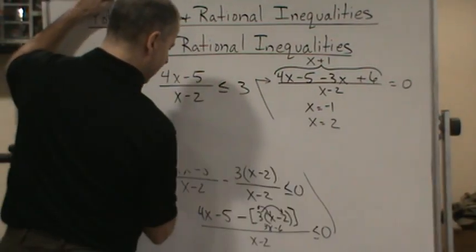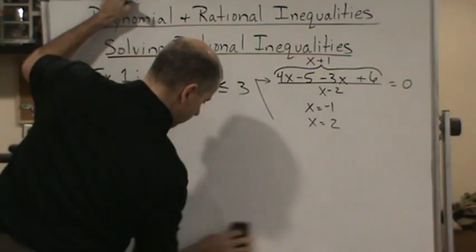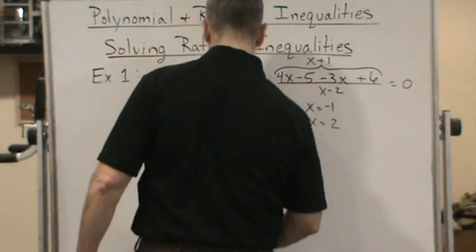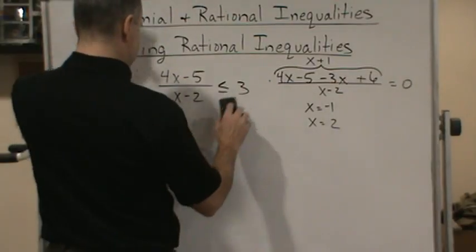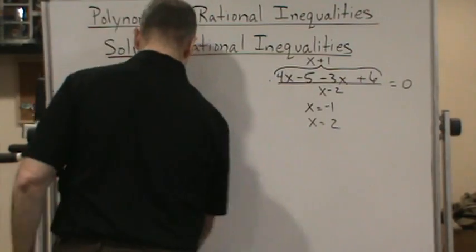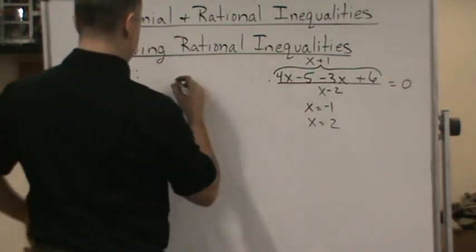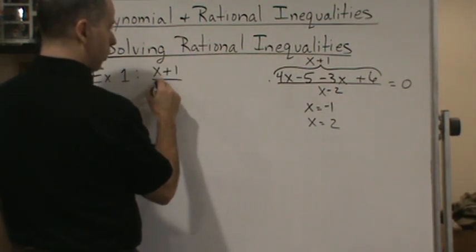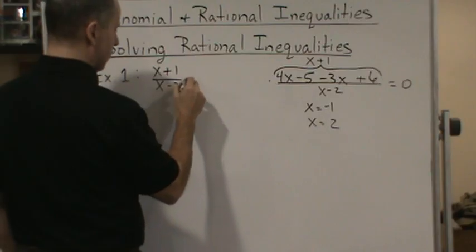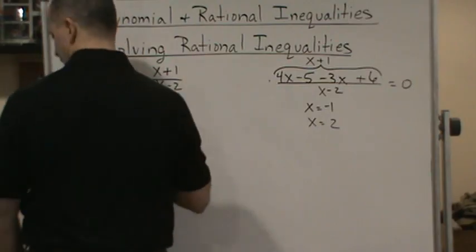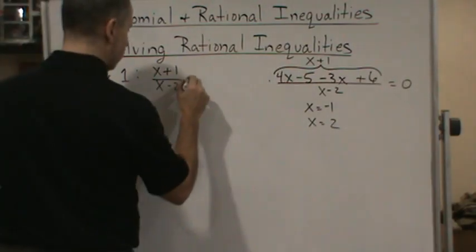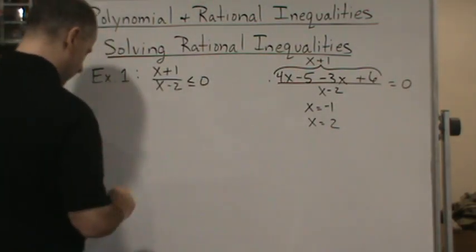Now that we've done that, let's see what's going on here. We end up with, again, it simplifies to x plus 1 over x minus 2, and it was what? Less than or equal to 0. So that's what we're dealing with.